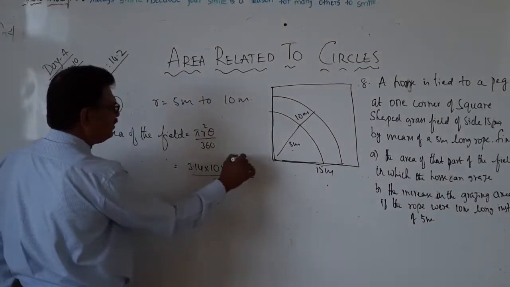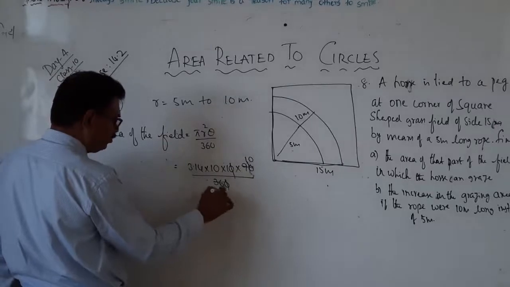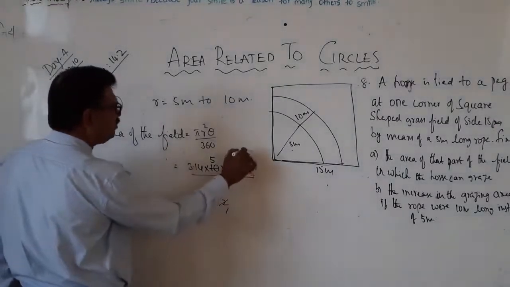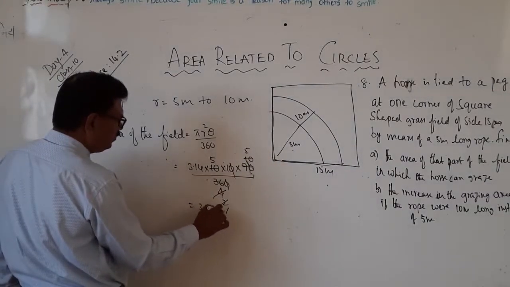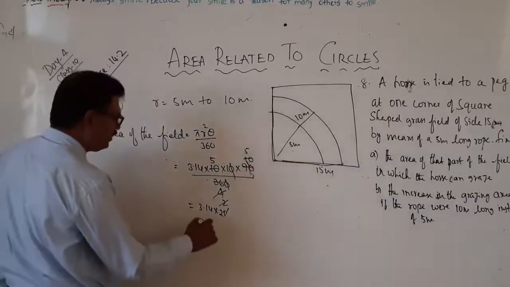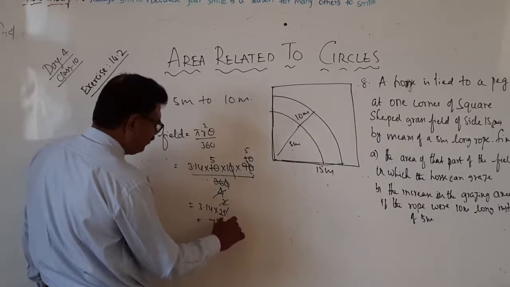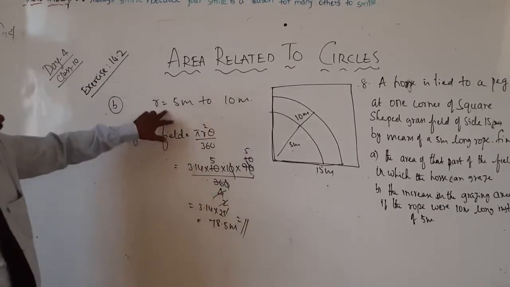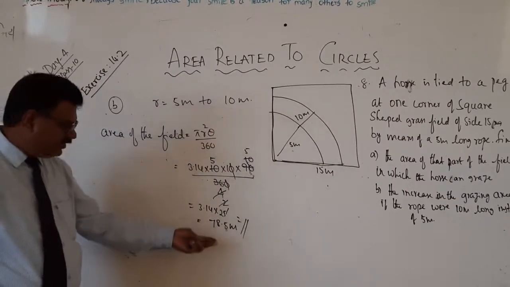Cancel: 9 tens are 90, 9 fours are 36, 2 twos, 2 fives, again 2 ones, 2 fives. Therefore 3.14 into 25, so approximately it is equal to 78.5 meter square. So when the rope has been increased from 5 meters to 10 meters, this is the area.